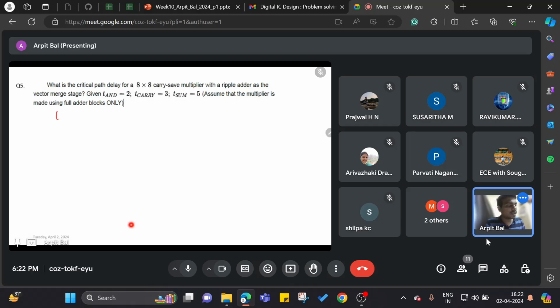So we have T carry save equals, so what will it be? T and plus, does anyone remember? I haven't completed it yet. Oh, okay. Anyone who would like to give it an attempt?